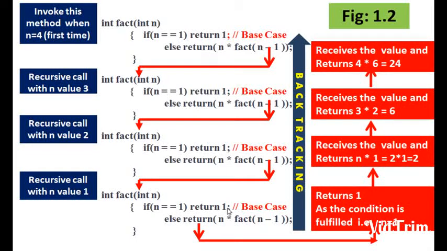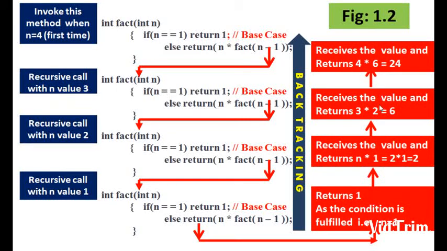Now the question is where this value 1 will be passed or returned. So the concept of backtracking will occur, which means the value will be passed from the last method to the first method step by step backward.